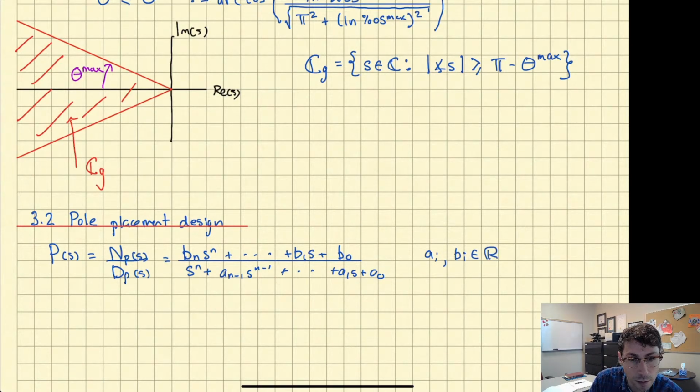So there we have our nth order plant. In the example that we started at the start of this chapter, n was equal to 3.